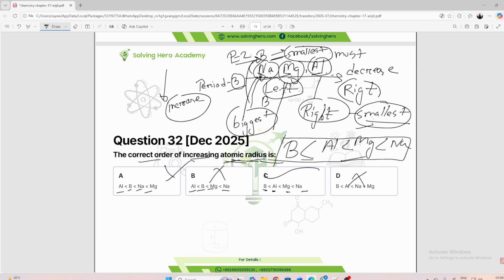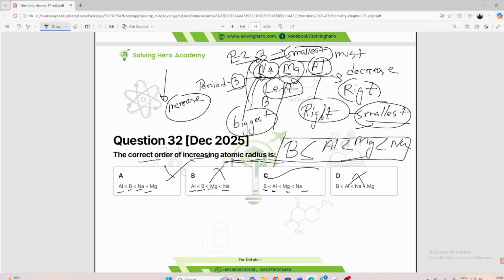Am I clear? Hopefully I have explained it and you have already understood which one is the correct order. If you go from period 2, boron, to period 3, sodium, magnesium, aluminum, the size has already increased. So boron is the most smallest.